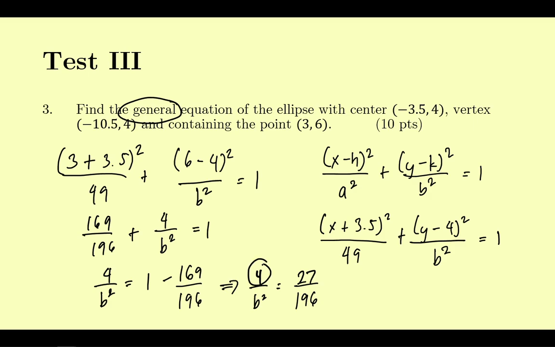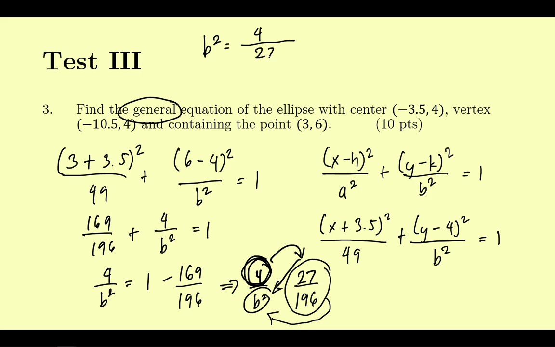4 divided by b squared is equal to this number. So that means this number multiplied by b squared is equal to 4. Also, 4 divided by this number is equal to b squared. So, what we're going to do here is b squared is equal to 4 divided by the entire fraction, 27 over 196.